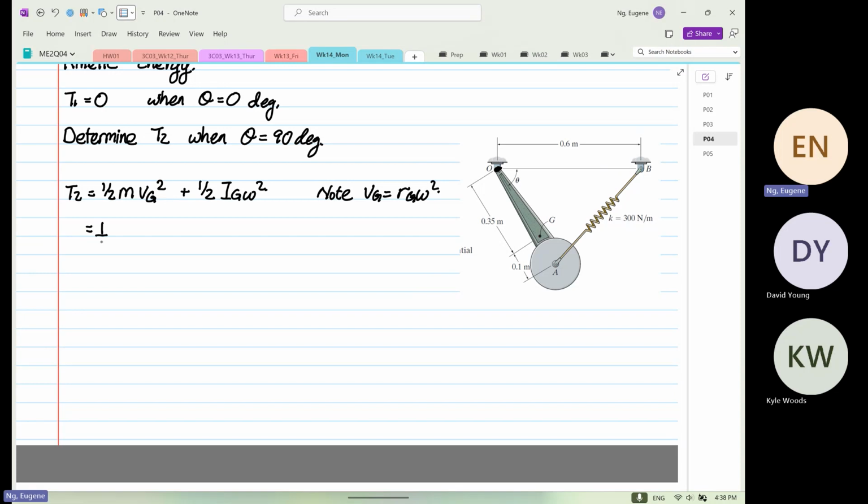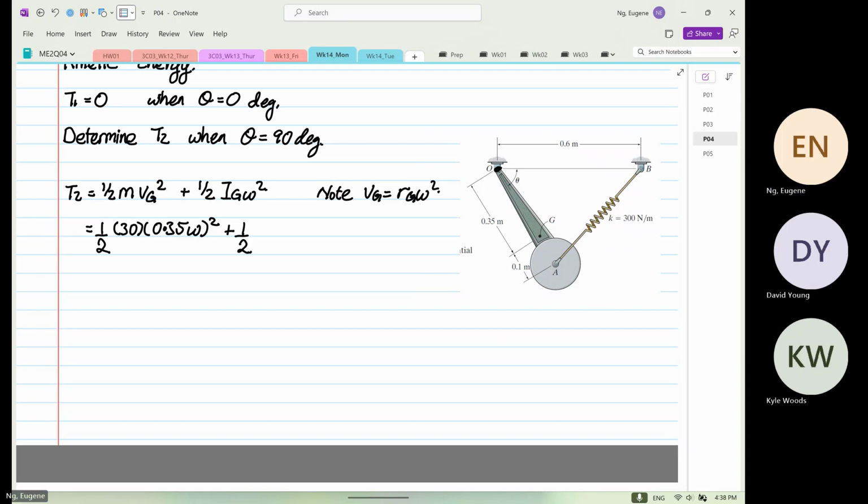So you have half, the mass of the pendulum is 30. vG subscript G means its center of gravity. So rG omega is 0.35 omega, and the whole thing is squared.